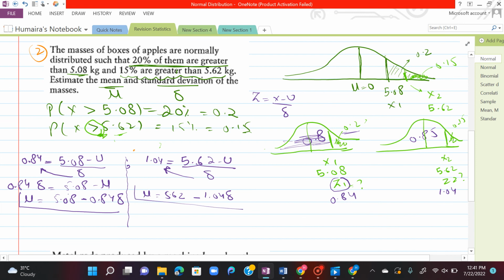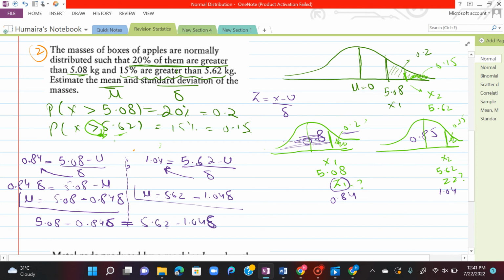So now I have two equations, mu equals this, mu equals this. Both are equal to mu. Can I write them simultaneously, like 5.08 minus 0.84 sigma will be equal to 5.62 minus 1.04 sigma.